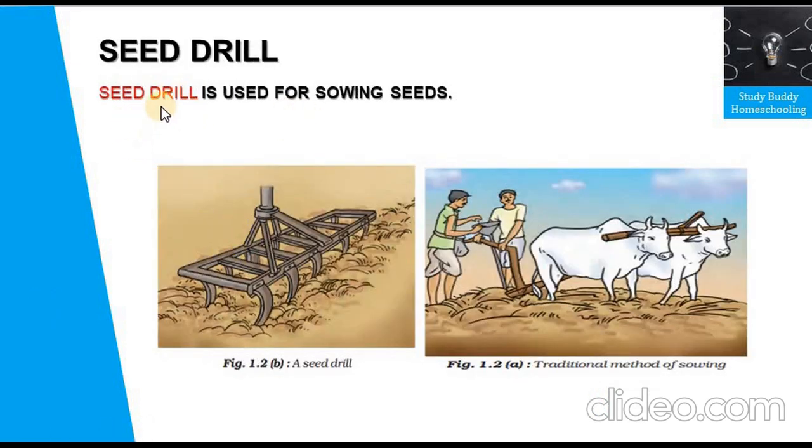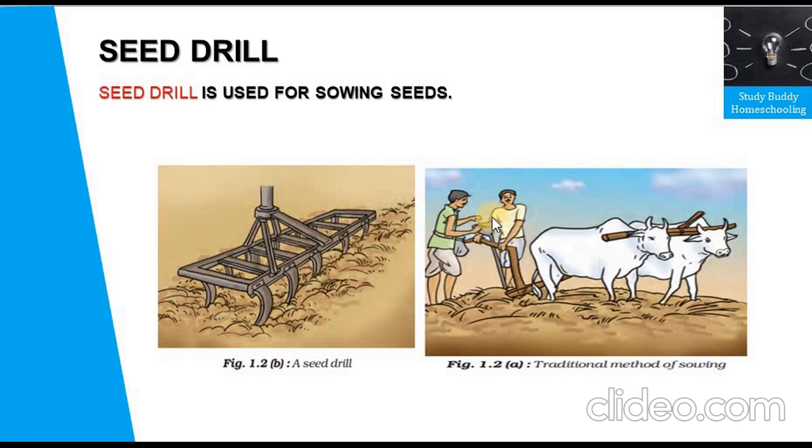Sowing. Sowing of seeds is a very important step in the process of growing crops. Sowing previously was done manually where the farmers used to just throw the seeds into the farm, but that was not an efficient system because sometimes in one place of the farm there will be too many seeds and in another part of the farm there will be none, so it's not evenly dispersed. So farmers started using different ways.